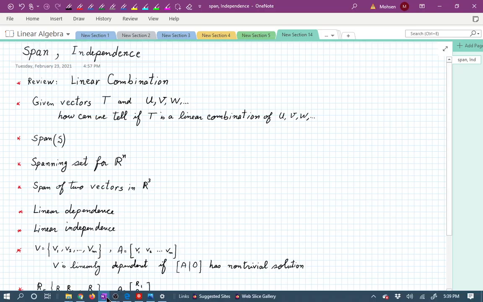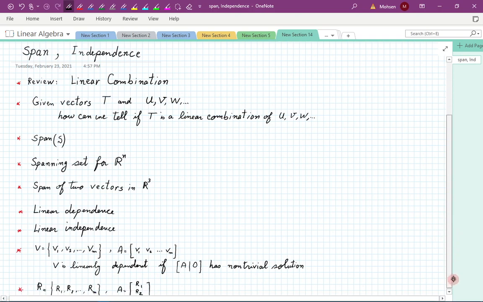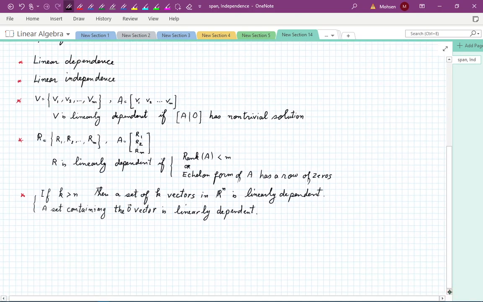So we have a rather long list of topics to talk about, and let's start with a review of linear combination. You remember this topic from almost the very beginning of this semester.